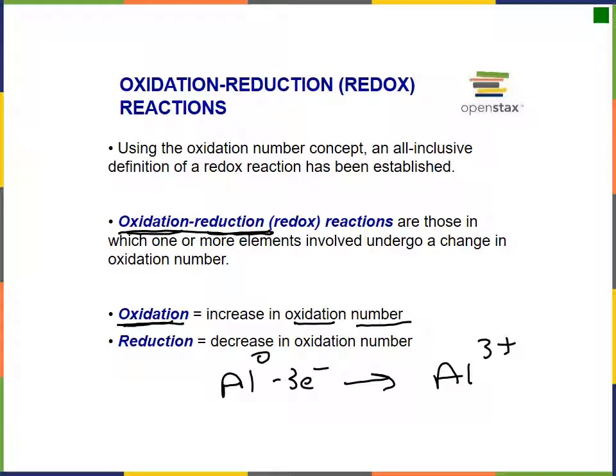Our oxidation number goes from 0 to +3, and that is an increase. Reduction is a decrease in oxidation number. So if we have copper 2+ gaining 2 electrons to go into copper, its oxidation number is going from +2 to 0, and therefore it's reducing. It's going to decrease in the oxidation number.